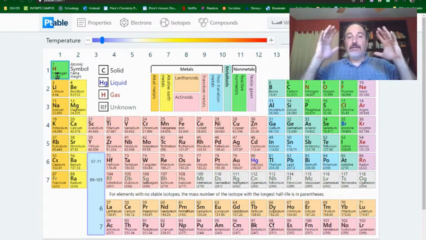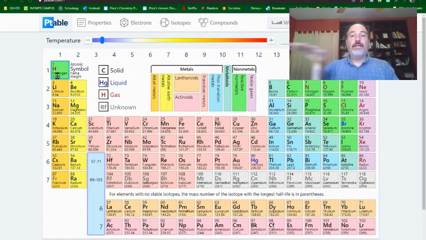However many layers it has, you can tell by what row or period it is in the periodic table. For example, in row 3, the outermost energy level is the 3rd energy level. In row 4, the outermost energy level is the 4th. Period 6 has 6 energy levels, and so forth.